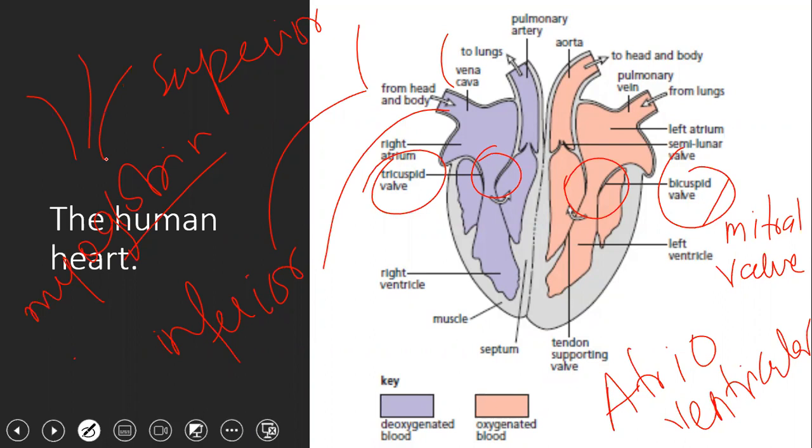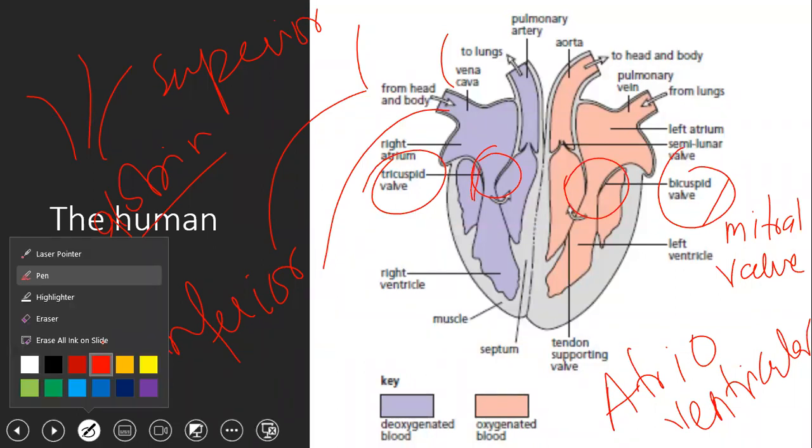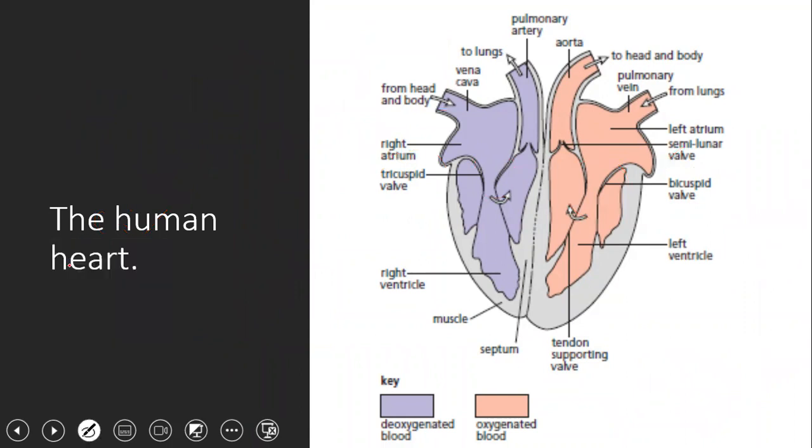And these valves, how are they attached to the heart? They are attached to the heart by tendons. You basically have these cords that sort of look like this. We call these tendons, or tendinous cords, because they are made up of tendons, and these are the ones responsible for opening or closing the valve.